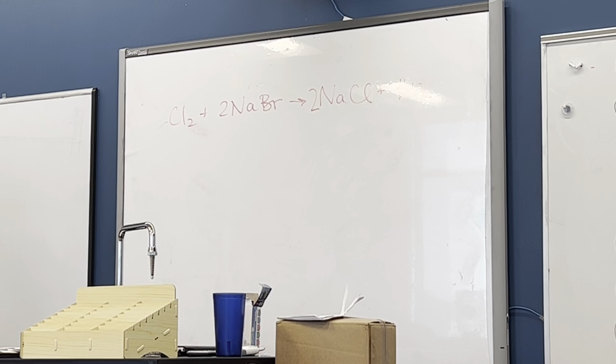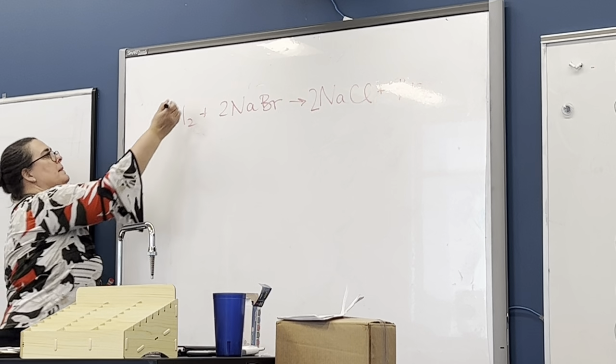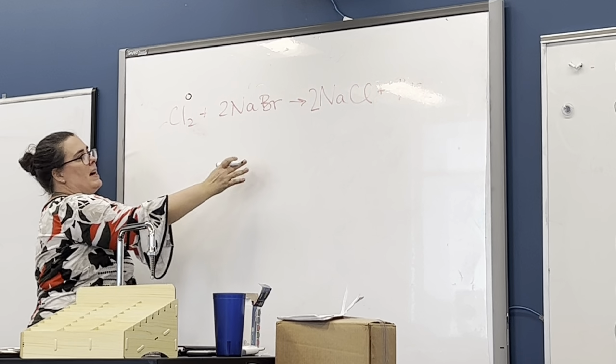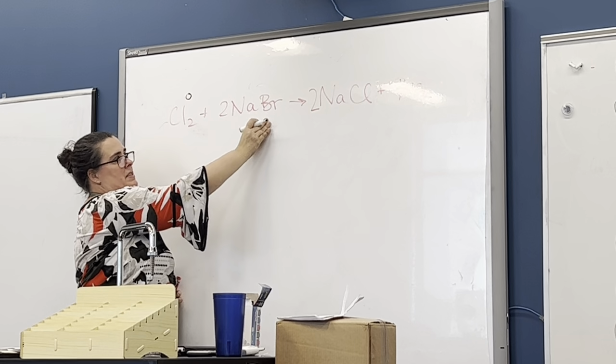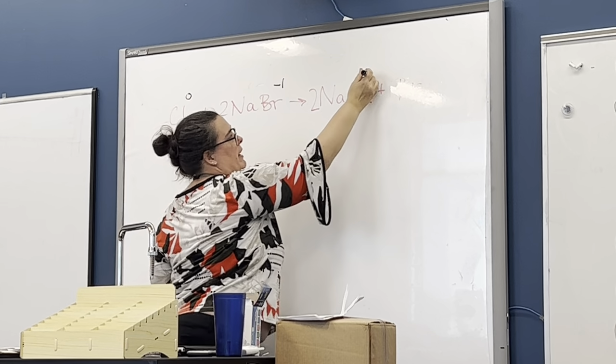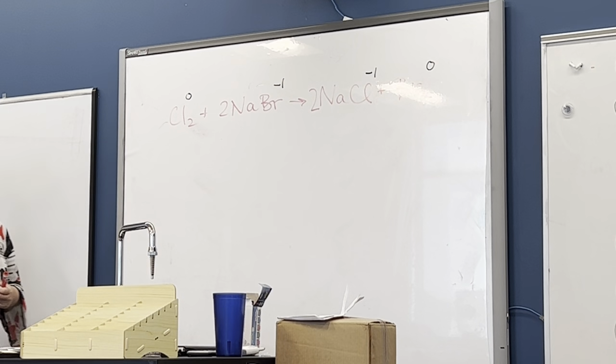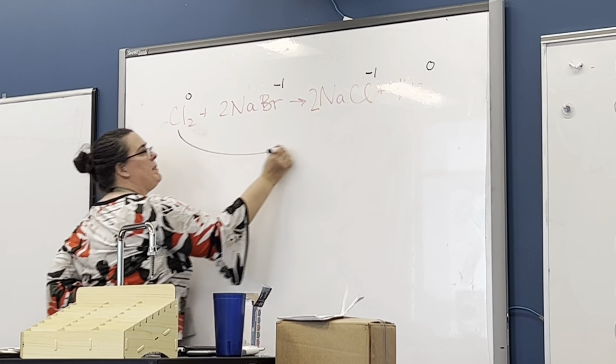Chlorine is a more active nonmetal than bromine, so chlorine's going to become part of that compound. What is the oxidation state of chlorine in chlorine? What is the oxidation state of bromine in sodium bromide? Chloride is going to look the same, bromine is going to look the same. Is that reasonable? I'm just doing the halogens for a minute. So what's happening to chlorine here?